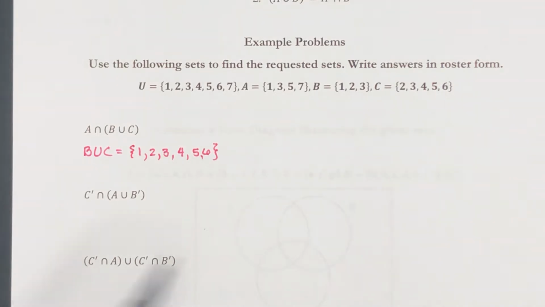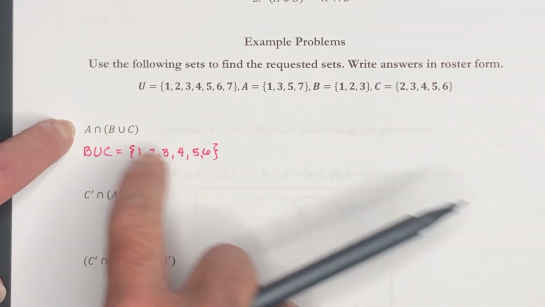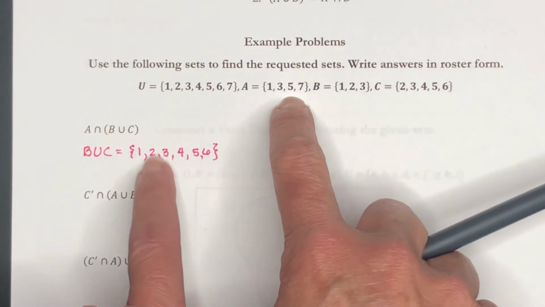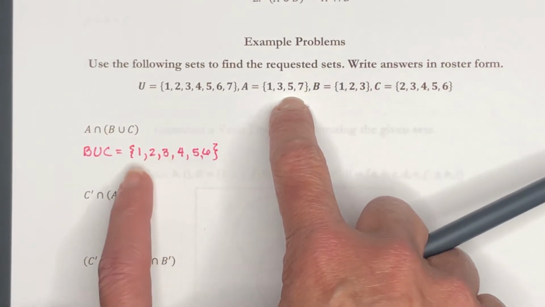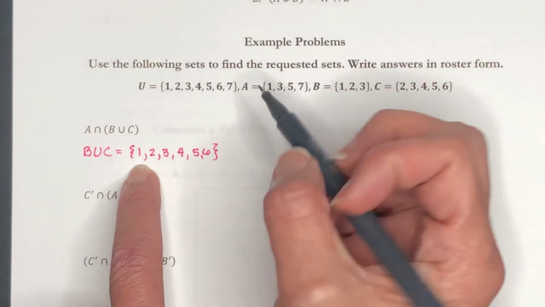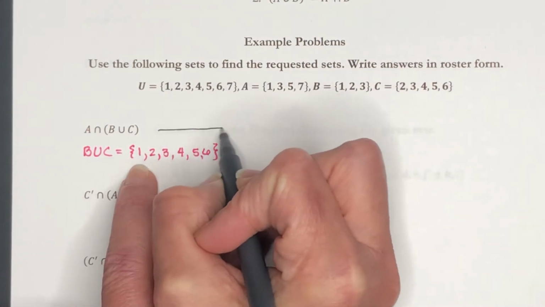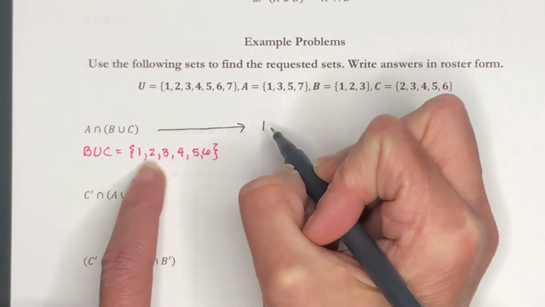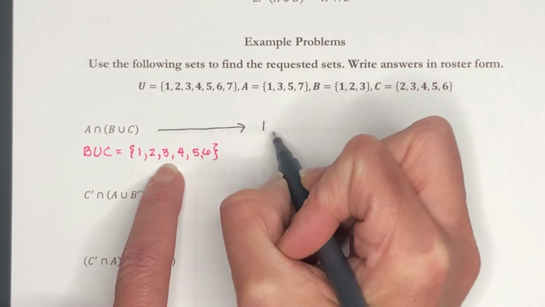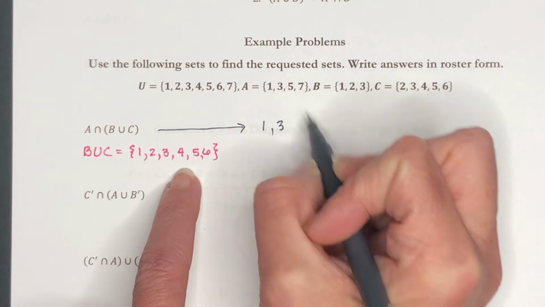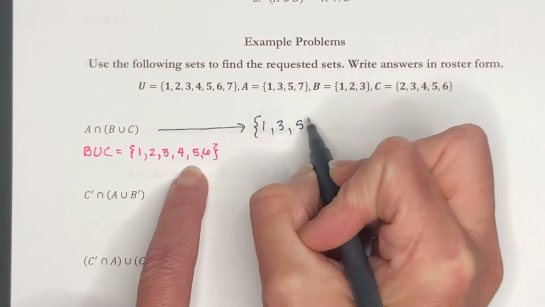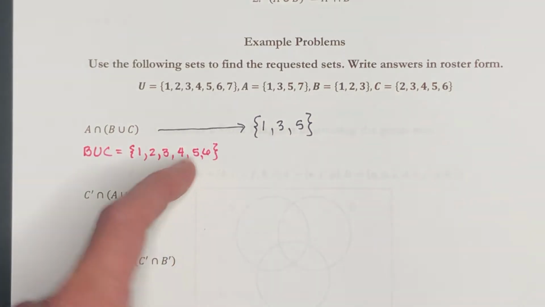Now, if we want to intersect A with this set, then we're looking for what A and this set have in common. Intersection is what they have in common. So this answer, the one we're looking for, there is a 1 in common, a 3, a 5, and that's going to be it. So the answer they would be looking for is the set 1, 3, 5.